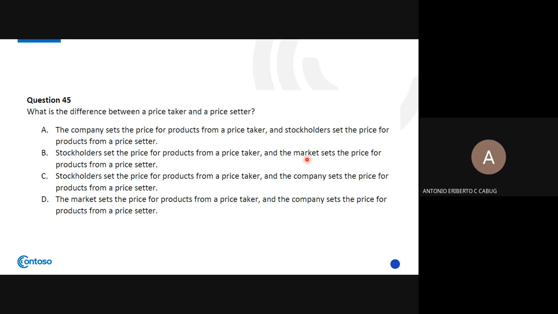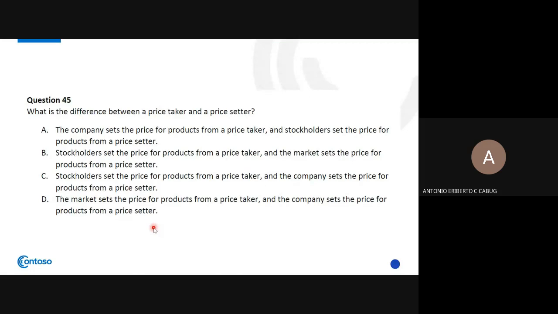Ready? Enter, everyone. Okay, how would you differentiate a price taker from a price setter?